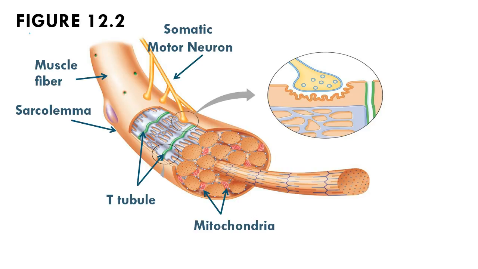The transverse tubules are adjacent to another organelle called what? The endoplasmic, or you can call it the sarcoplasmic reticulum. What color is it in this image? The purple, blue, right, something. The sarcoplasmic reticulum is a specialized what?